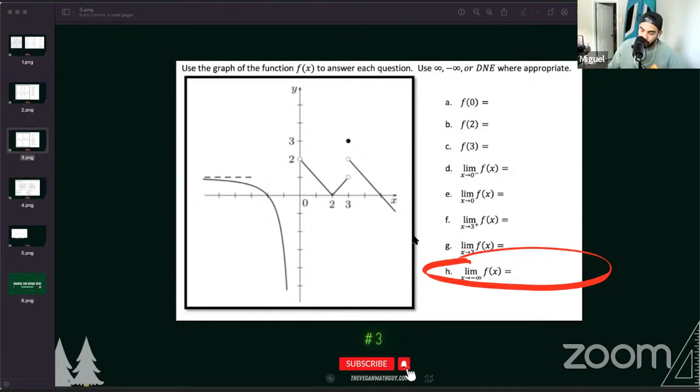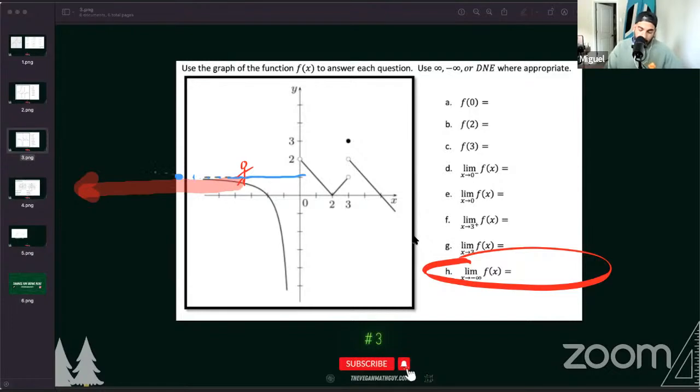So again, just imagine you're on this graph and you're going all the way to the left. So you're kind of ending up here already. And then again, you're just trying to observe what happens as I continue moving to the left. Well, keep in mind, there's that asymptote. It's not really drawn as nicely as you want it to be, but you have those dotted lines there.